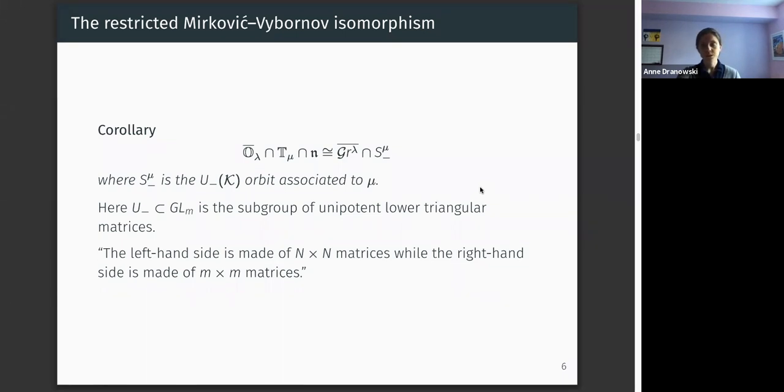We can view those parameters lambda and mu as weights of that group. So they'll have M parts always, but they'll have different sizes. And we can describe slices of the same Grassmannian on the right by different sizes of matrices on the left.